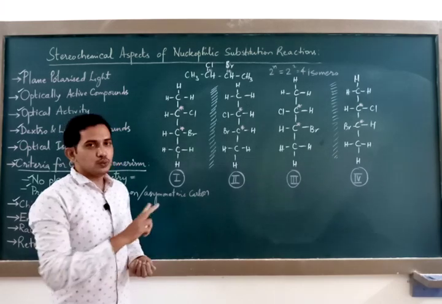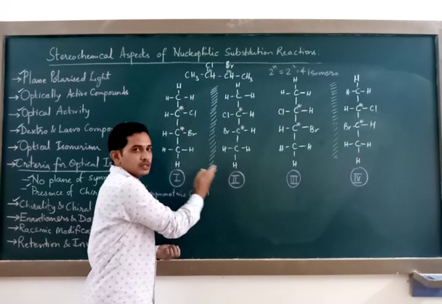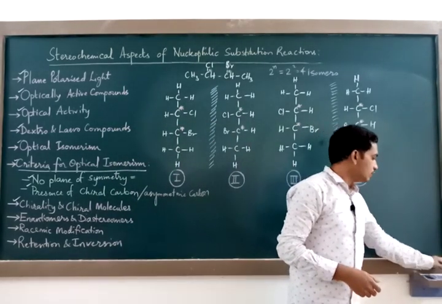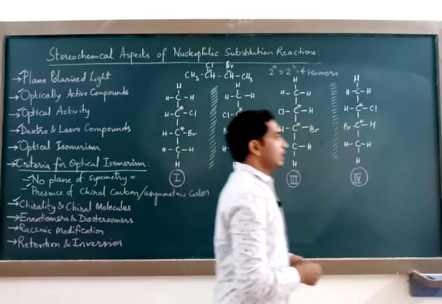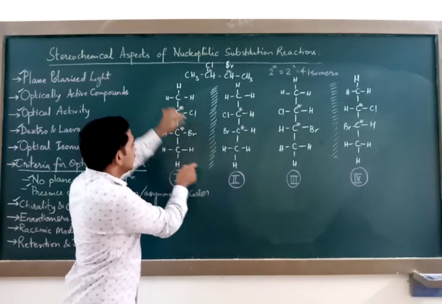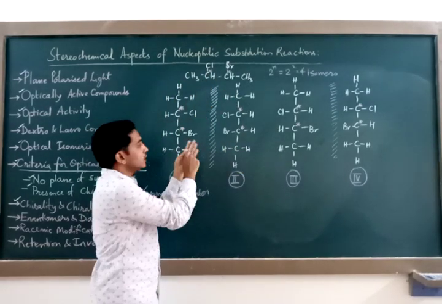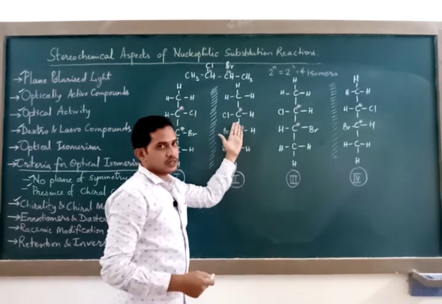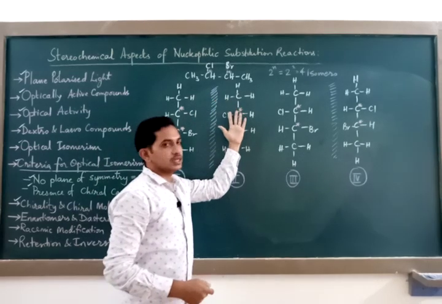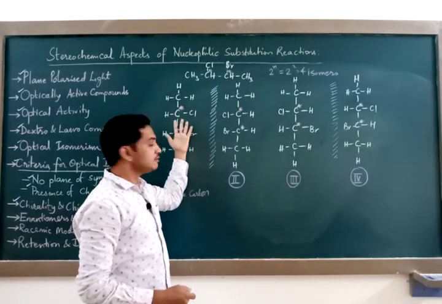Now in the first 2 isomers, 1 and 2, you will say that these 2 are mirror images of each other. Similarly, third and fourth are mirror images of each other. Keep the second isomer as it is, lift the first isomer, keep it on the second. Do not tilt. If this is one isomer, this is another isomer, you lift the first isomer, place it on the second without turning the first isomer.